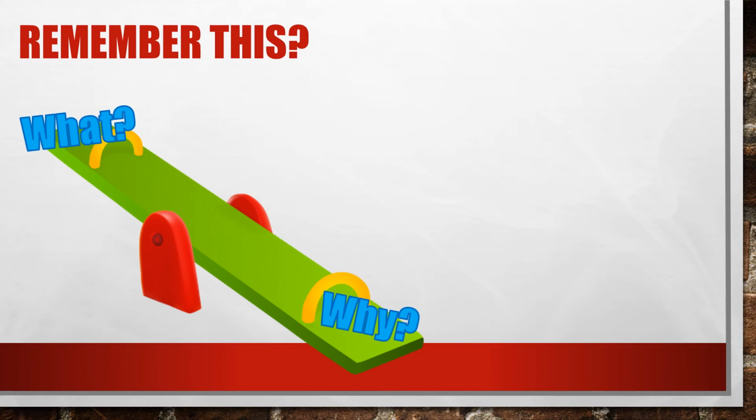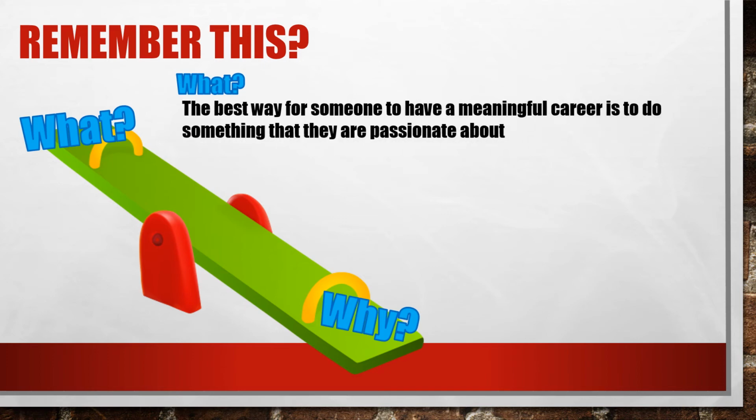Remember the seesaw analogy that I gave earlier? An effective thesis statement should balance the statement that the author is making with the reasons why. In this case, the what is the best way for someone to have a meaningful career is to do something that they are passionate about. And then the why has two parts.